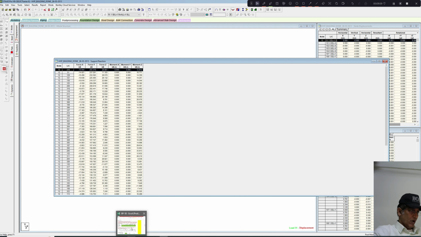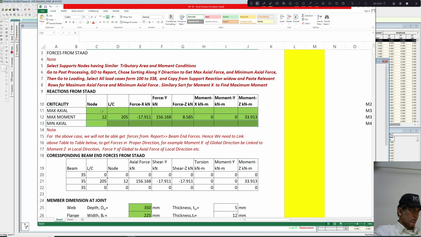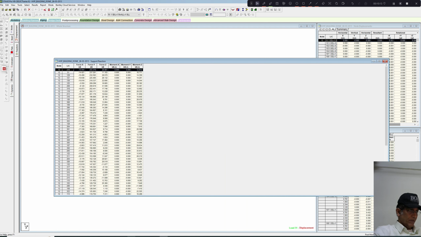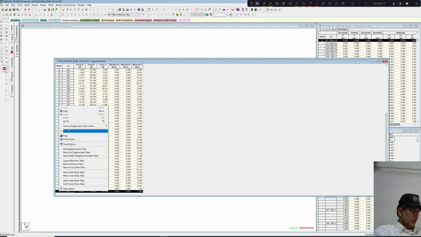So copy this and go back. So 243 kilonewton, 24.3 metric ton is the maximum axial force. You have to see the minimum axial force case also. Copy.